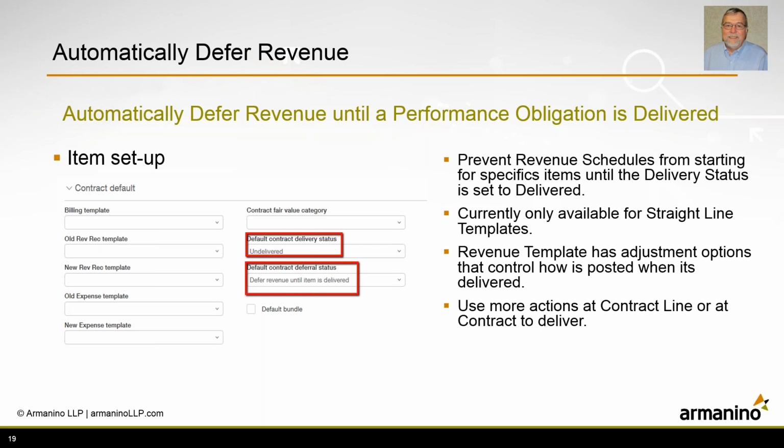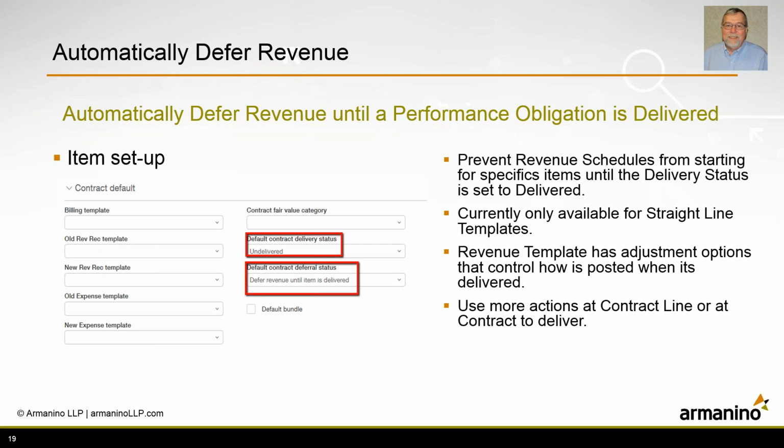The key takeaway here is that it's only currently available for straight line templates, and you need to set up the items where the default contract delivery status is undelivered.